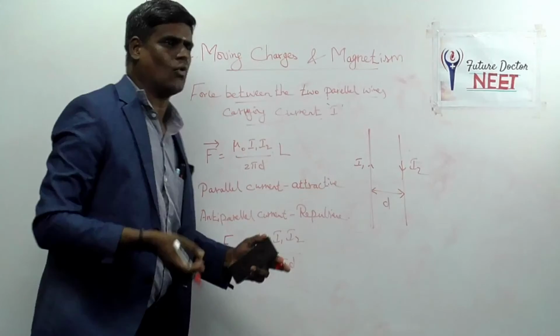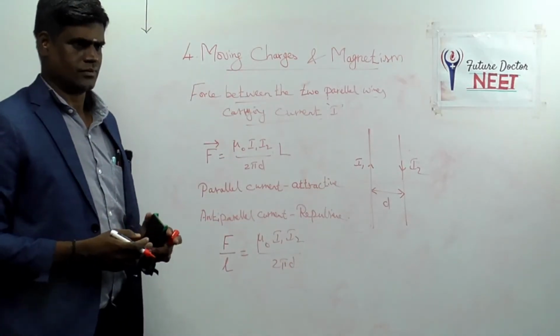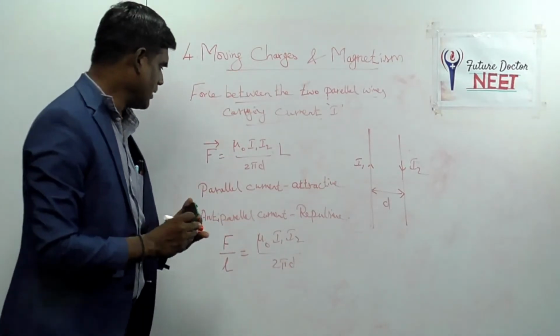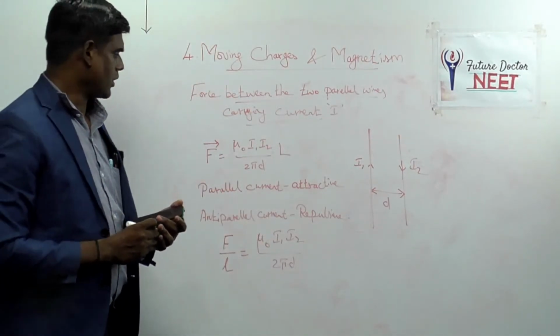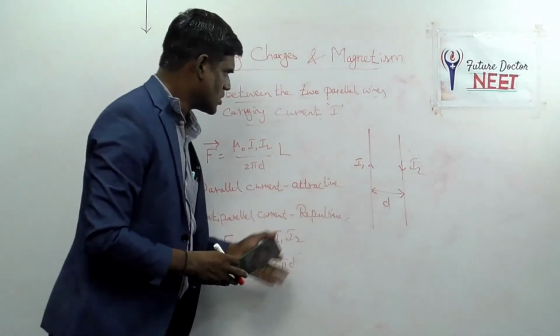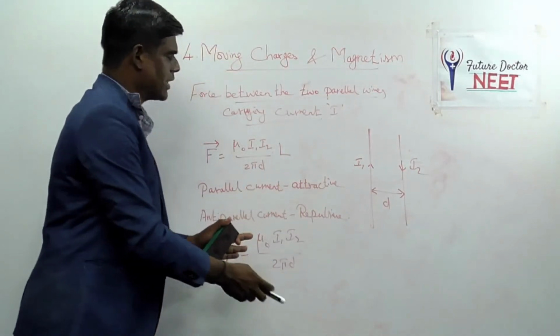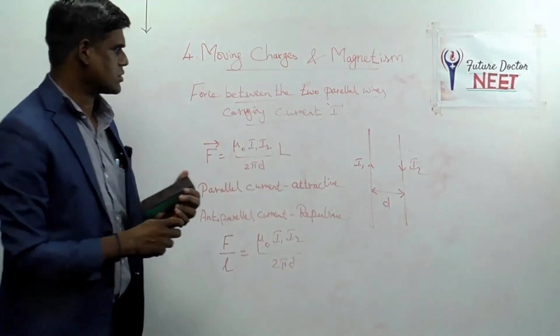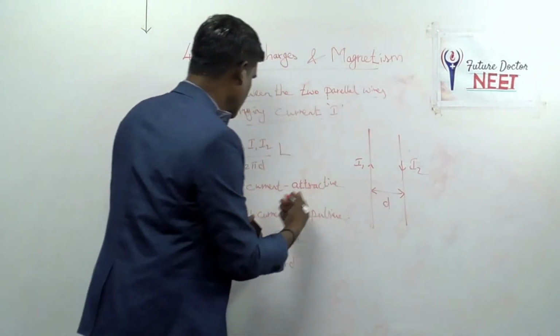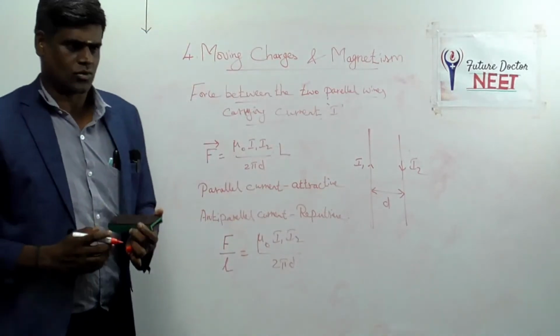Force acting for 1 meter length equal to mu naught I1 I2 by 2 pi d. Like this we can measure. And for this also the same principle: if the current is parallel current, then it's an attractive force, and if it is anti-parallel, a repulsive force.